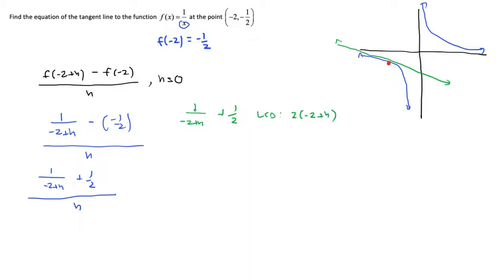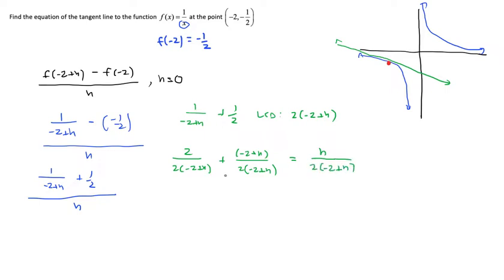So we're going to multiply this fraction by 2, that should be a +2, and then multiply this fraction by -2 plus h, over the LCD now. Notice what happens: we get 2 plus -2 plus h. So this actually ends up equaling h over 2 times -2 plus h.